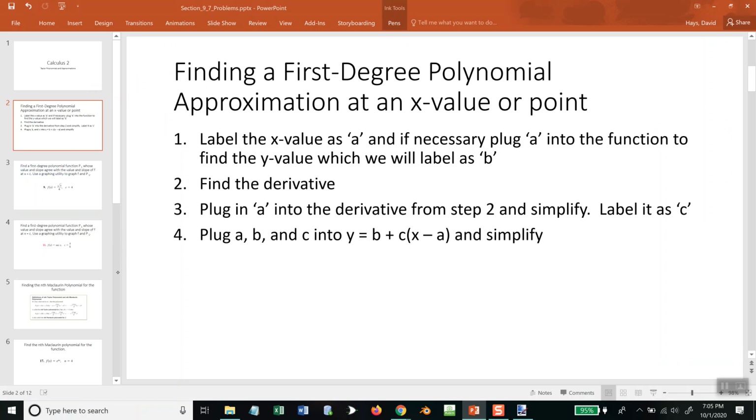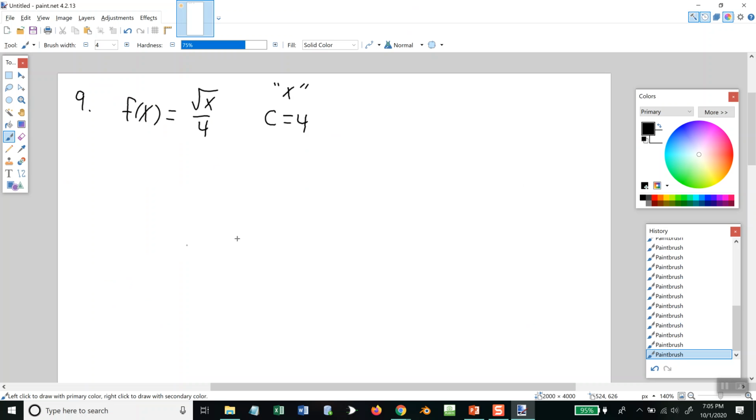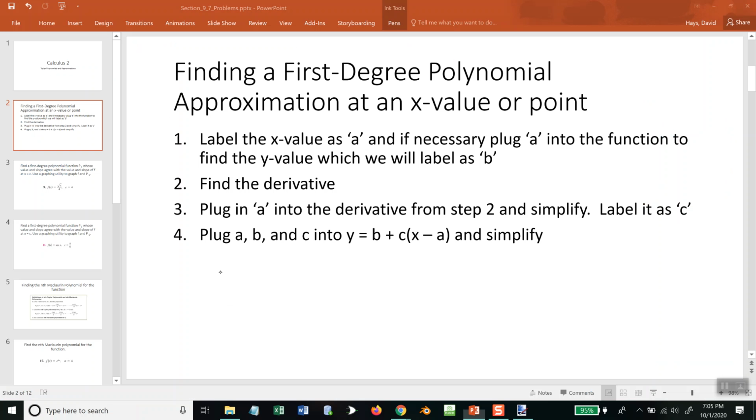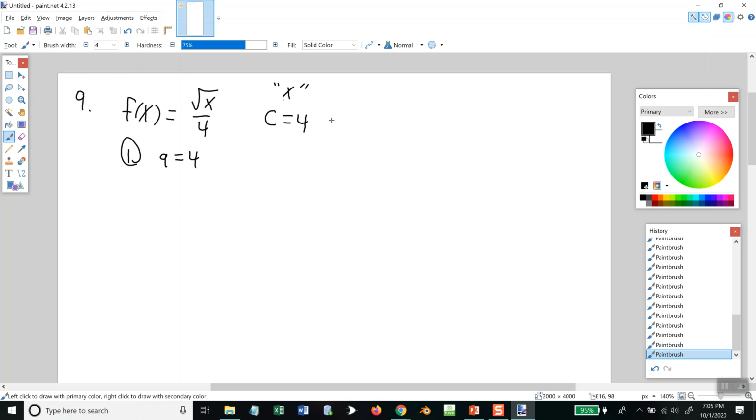Okay, so step 1, label the x value as a. So a is 4. If necessary, plug a into the function to find the y value. We're not given the y, we're just given the x here. So we're going to plug 4 into our function.